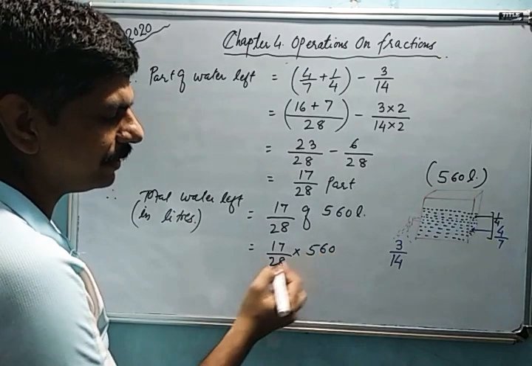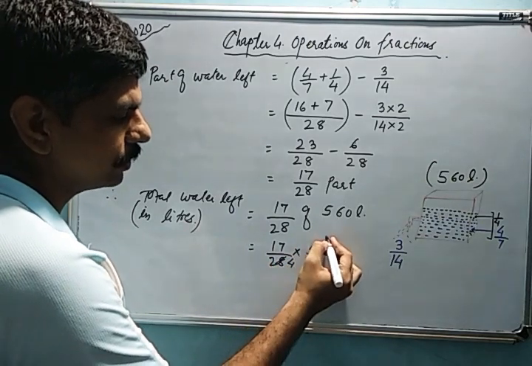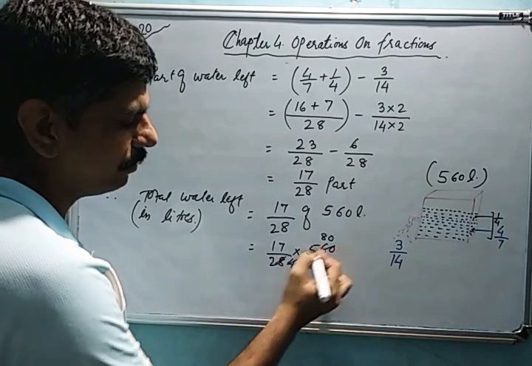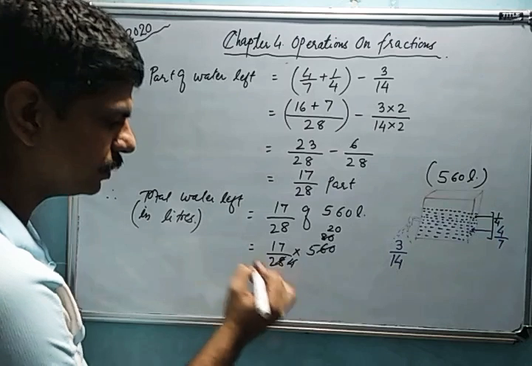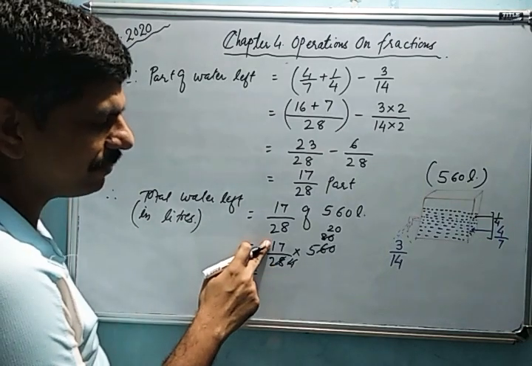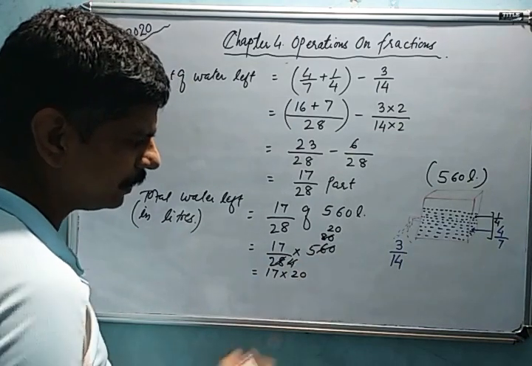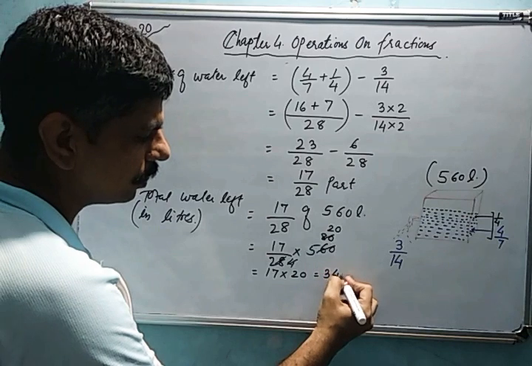So you can divide this one. You know that 7 4s are 28, 7 8s are 56, 7 0s are 0. Then divide by 4, 4 2s are 8, 4 0s are 0. So now you are left with 17 and 20. 17 multiplied by 20, which is equal to 17 2s are 34.